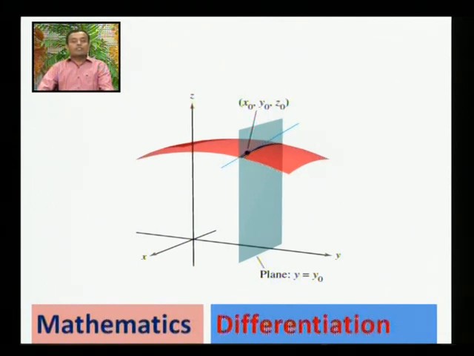The intersection of the surface and the plane is shown in the figure by black color. If you consider the point (x0, y0) from the domain, then z equal to f(x0, y0) is denoted by z0.